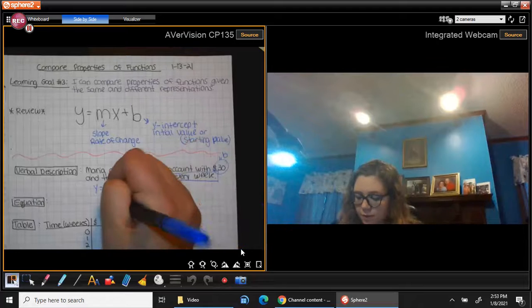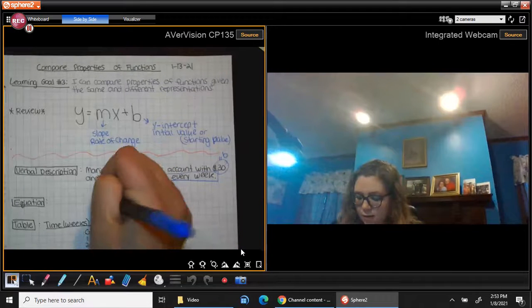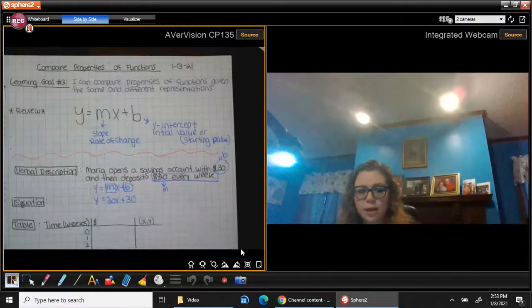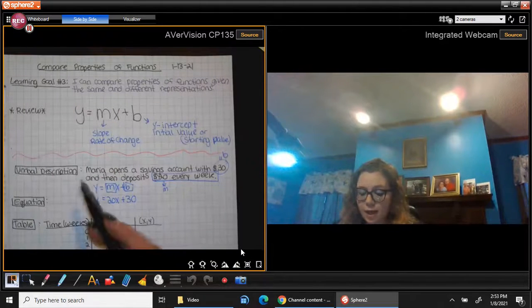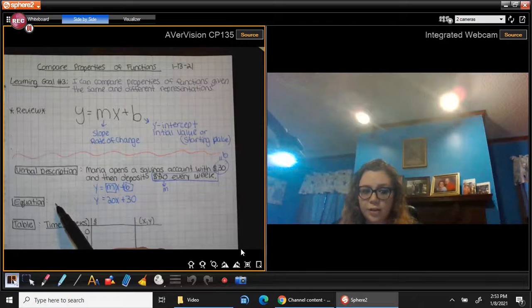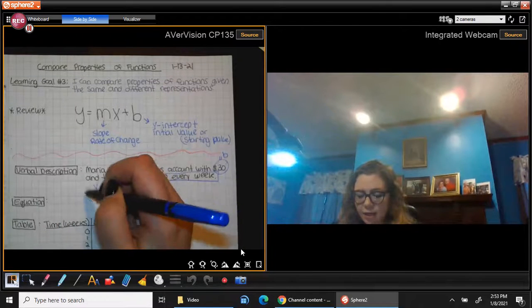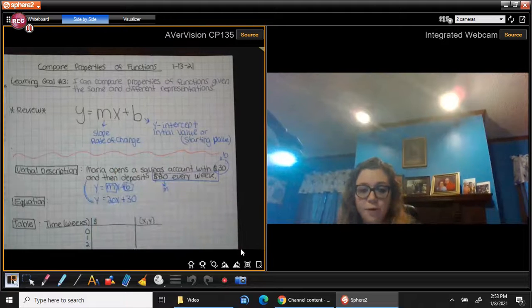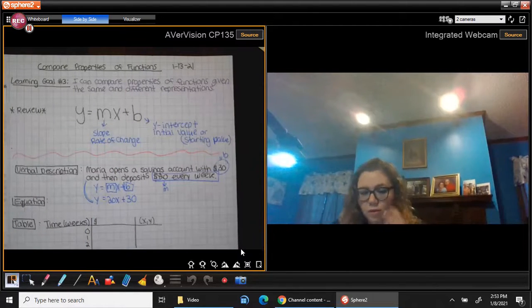So I'm going to have 20x equals y. What we just did is we had a verbal description and we created an equation. So this is the same thing, except it's in a different representation.